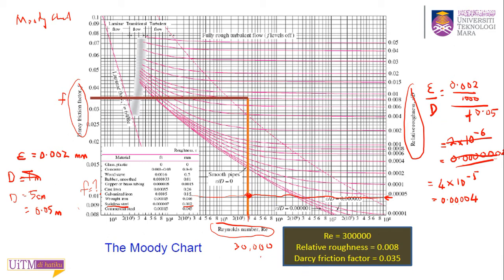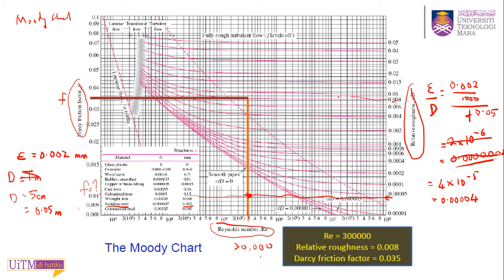So you draw two lines, one for your Reynolds number and another for your relative roughness, and from that intersection you go to the left and you will get the friction factor. In this diagram, they have a Reynolds number of 3000 and a relative roughness of 0.008.